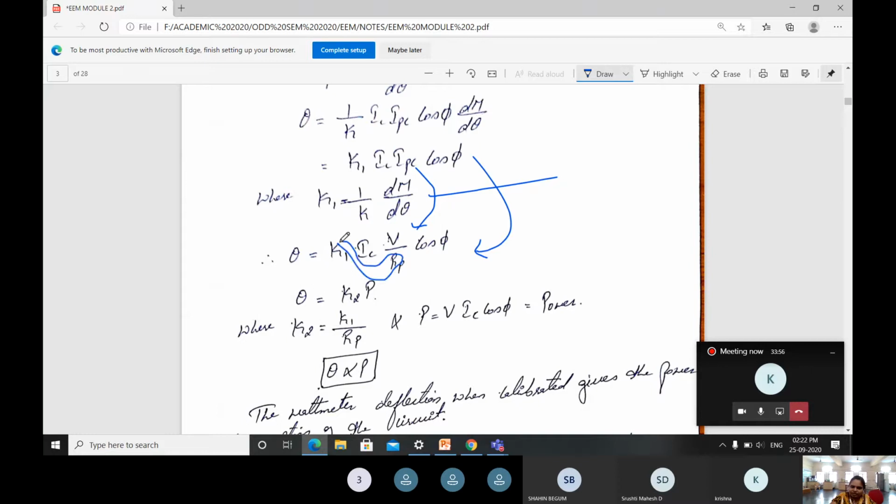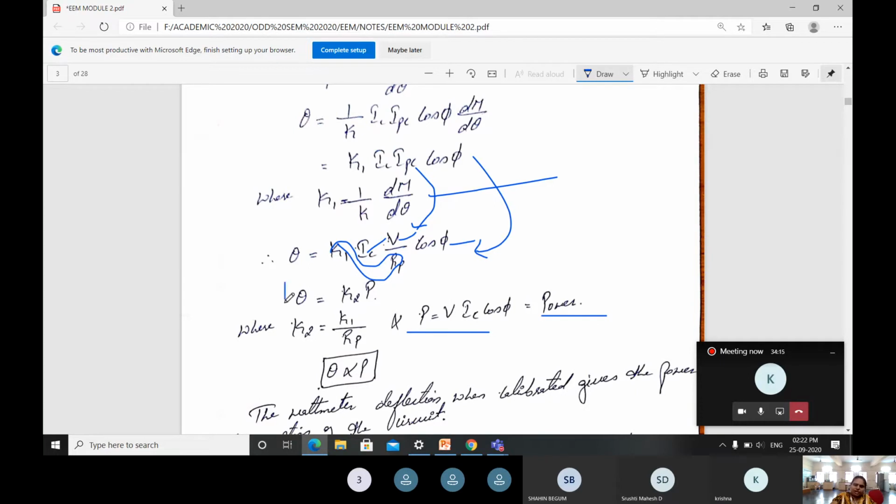IC is left, V is left, and cos phi is left. That is nothing but our power. P is equal to V IC cos phi, which is the power.